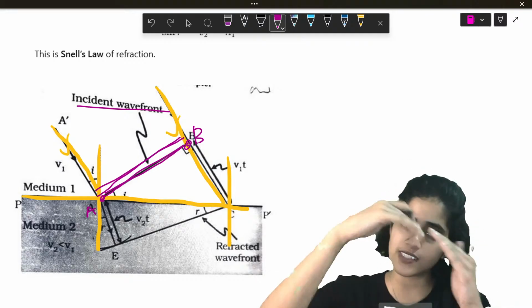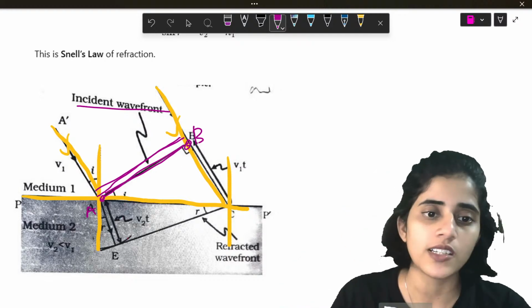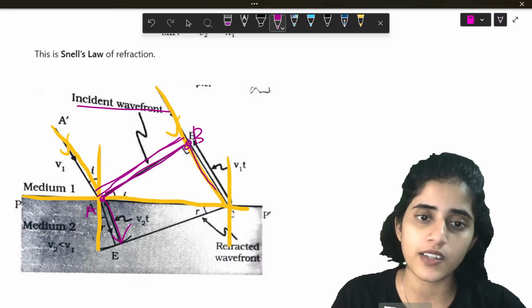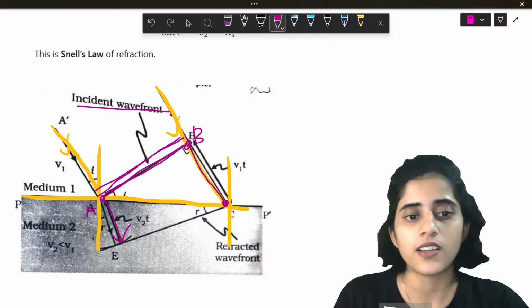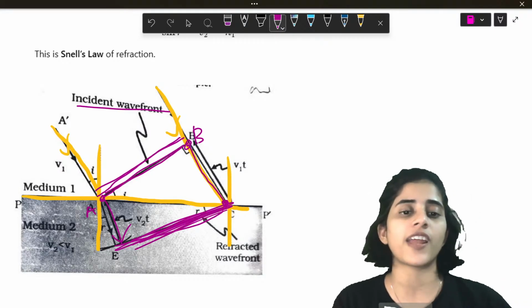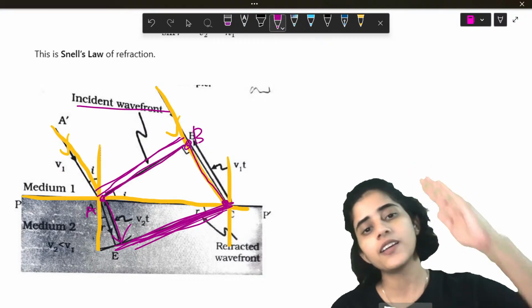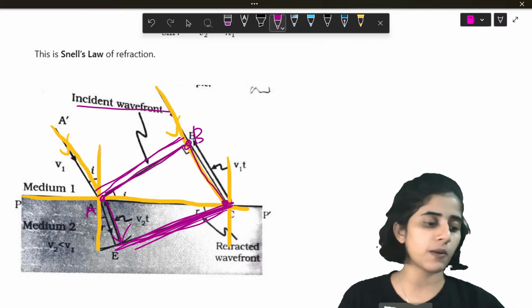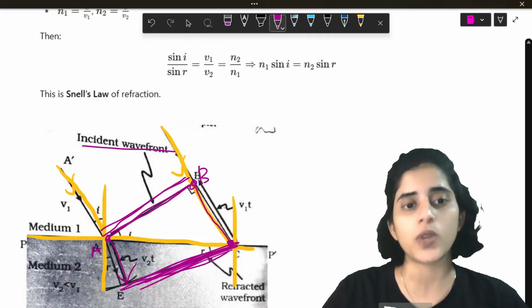You can see the wavefront travels down. Now, after some time, it reaches here, but here it reaches here. Now, this purple line is the refracted wavefront. So the upper purple line AB is the incident wavefront, the lower purple line is the refracted wavefront.